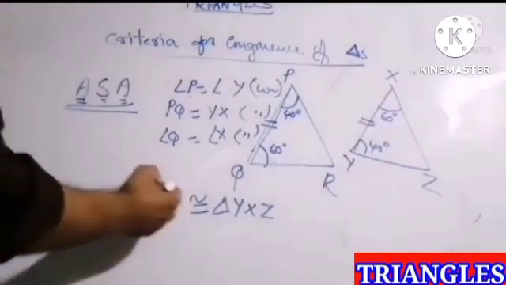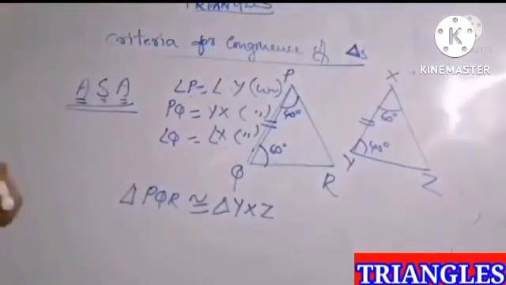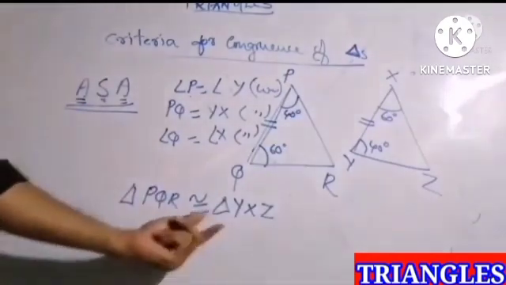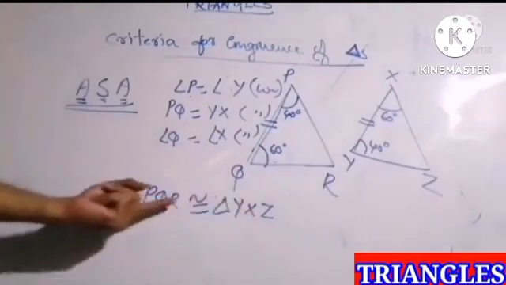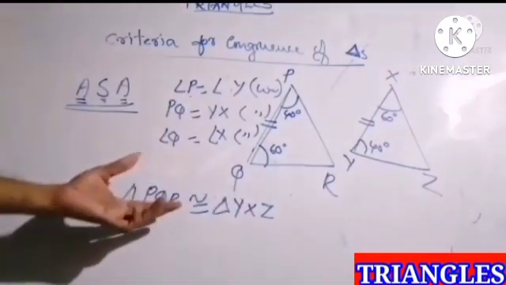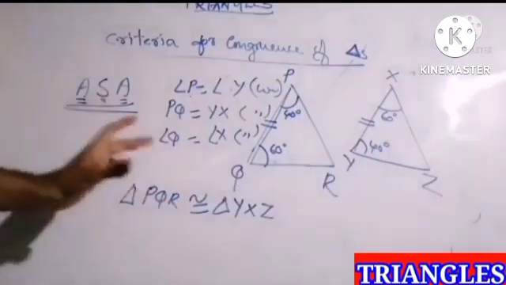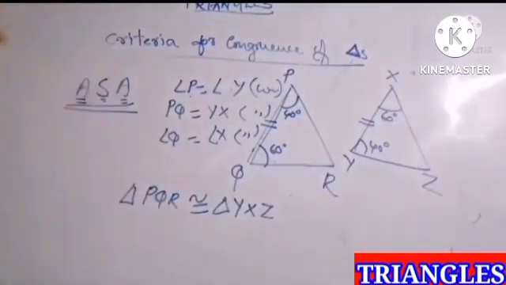You should not change this into XYZ or some other form. So this is the right way to write the congruence, with the matching parts put in the right order.